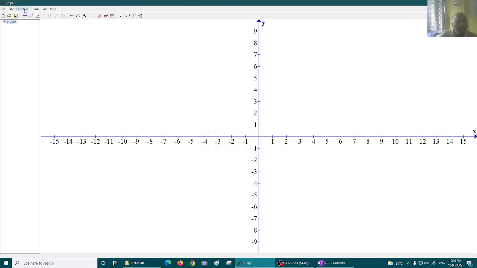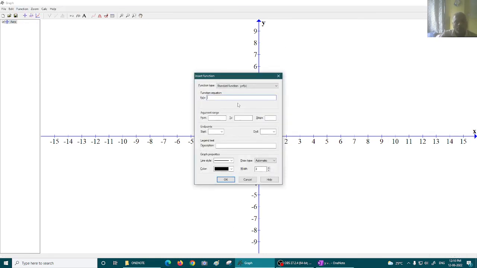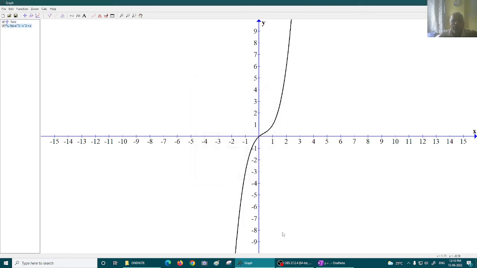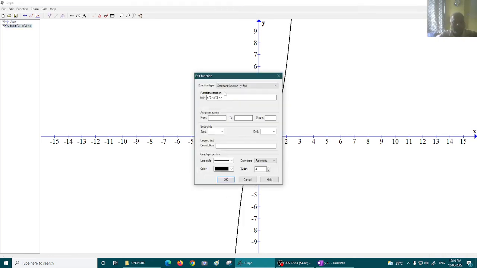Maybe I can give some examples over here. I don't know how the graph will look now. X cube minus, oh sorry, I'm sorry, minus x square plus x. Yes, so I don't know how that graph will look, but it's not going to be a straight line. Okay, fine, it is like this. Suppose I go for minus say 5x square.